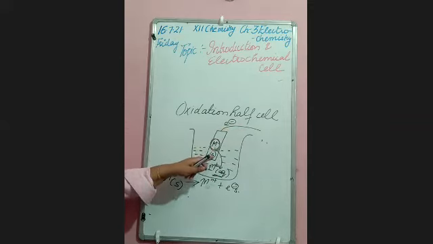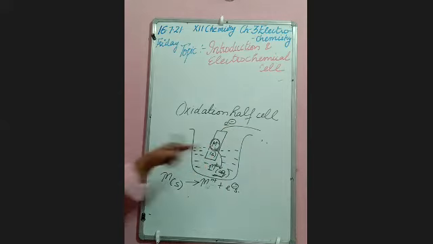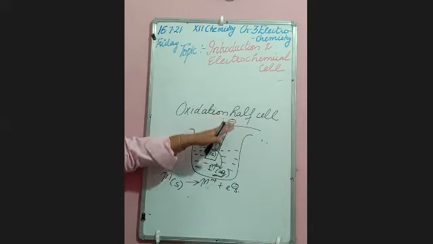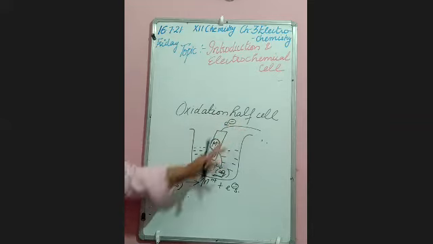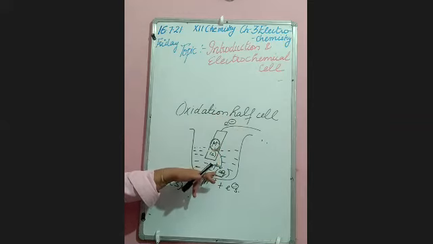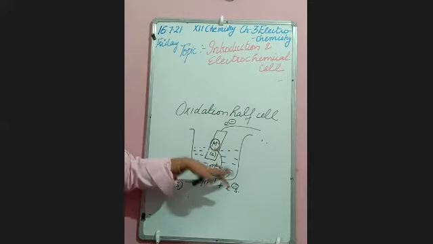Because it is a metal, it will start losing its electrons. The electrons move through the wire, and the metal in solid state is converted into metal in aqueous state having positive charge.